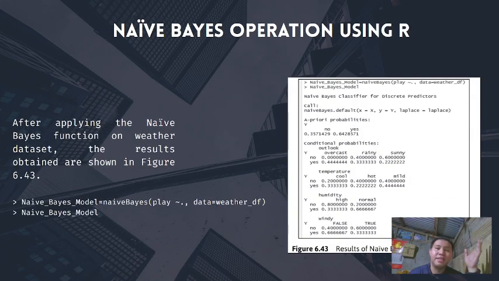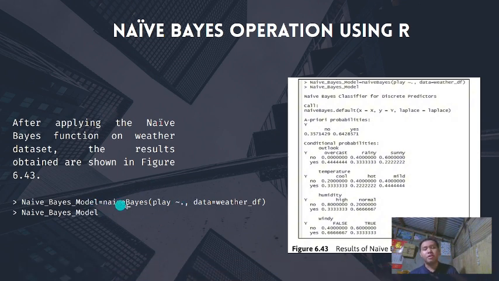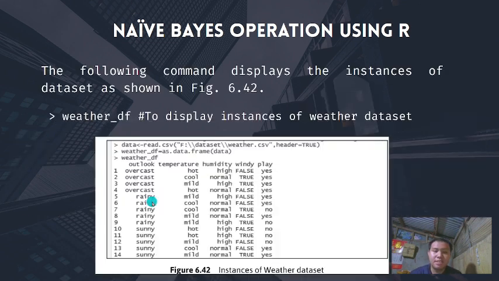After applying the naive Bayes function on the weather dataset, the results obtained are shown here in figure 6.43 by using this command: naive_Bayes_model equals naive Bayes. The play in this part is this section.